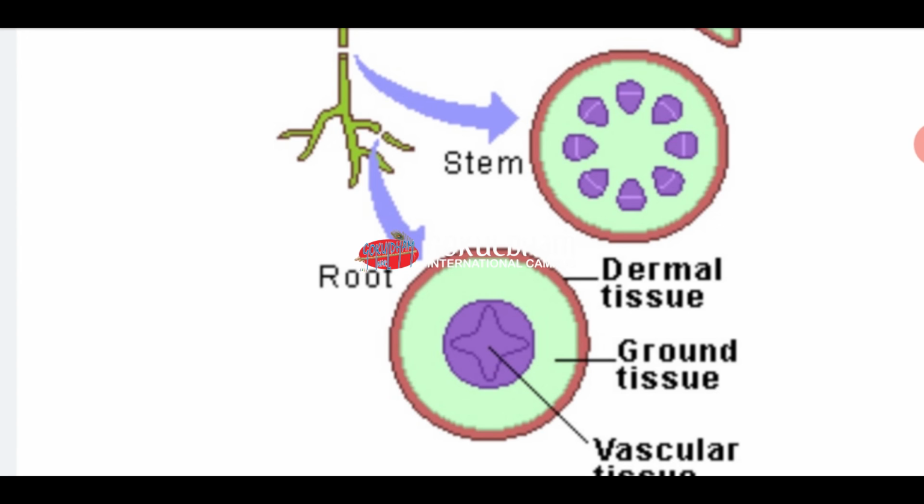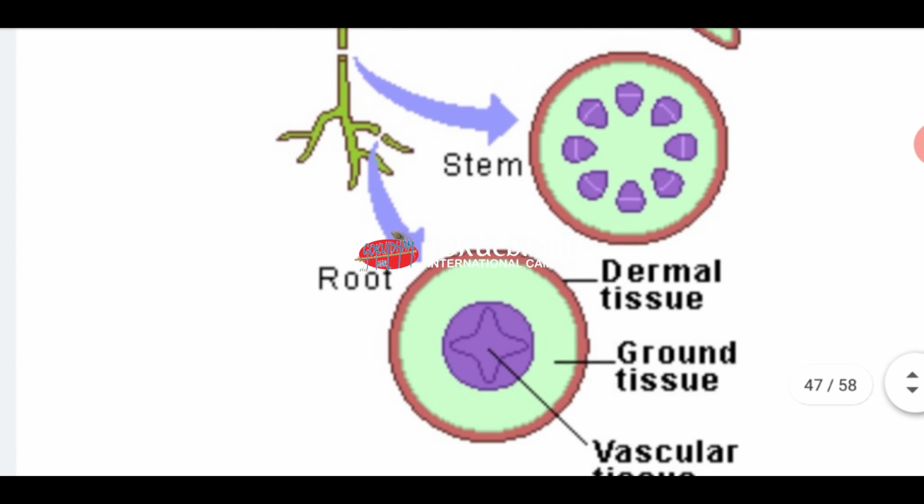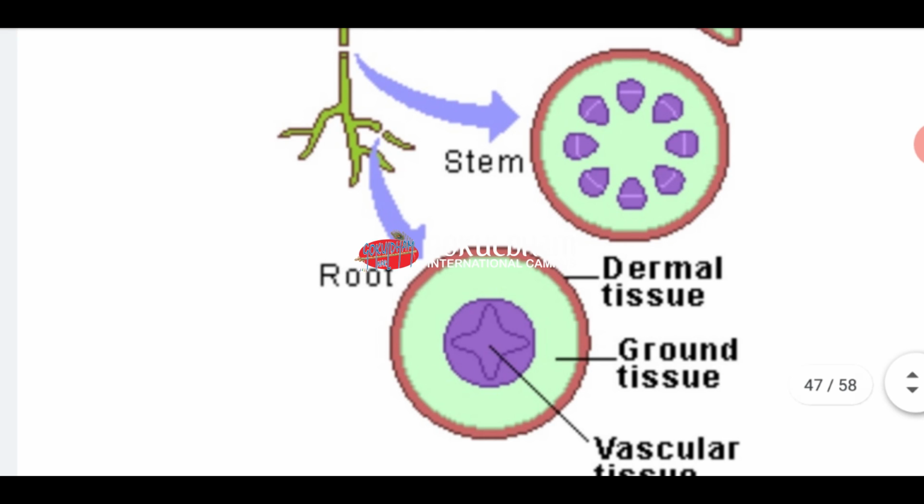The main function of ground tissue is photosynthesis or storage of food. Then on the inner side of the ground tissue there is always vascular tissue or vascular bundles, or we can say the vascular tissue system, which is composed of xylem and phloem, and the main function of this vascular tissue is to transport water and food for the plants.